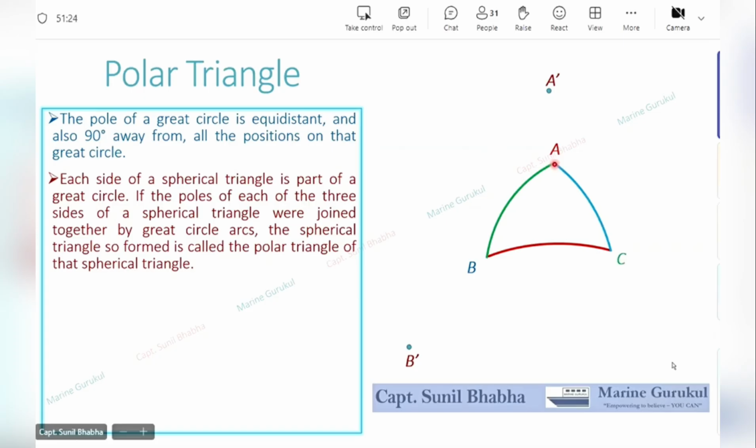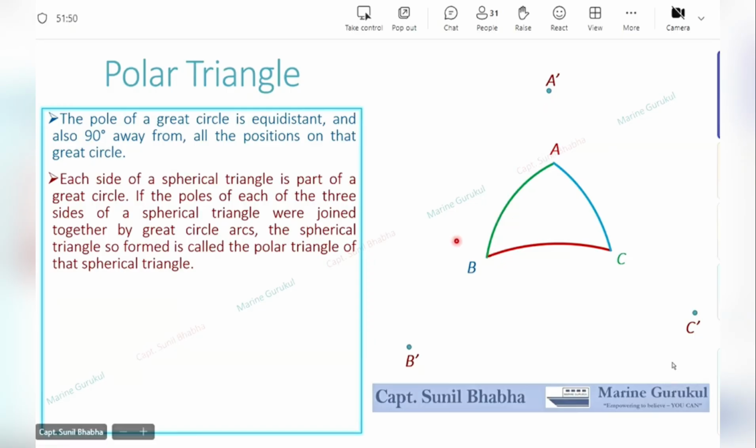And now let's take the example of the third side. The third side of the spherical triangle, green color side, is Alpha Bravo. Let's assume that the pole of this great circle track Alpha Bravo is at this particular point represented by C dash, Charlie dash. So Charlie dash is the pole of the great circle track from Alpha to Bravo.